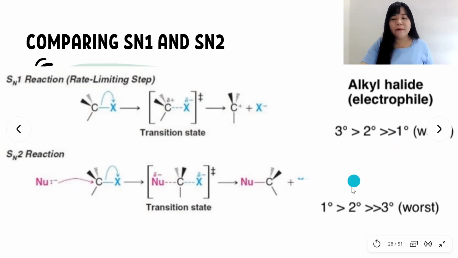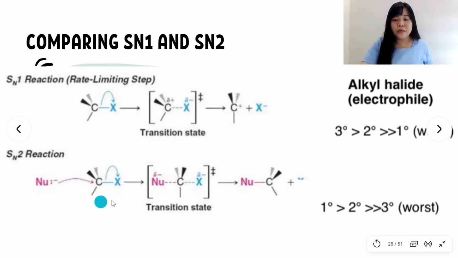On the other hand, for SN2 reactions, primary alkyl halides have the least steric hindrance compared to secondary and tertiary alkyl halides. So here, since the first step involves the attack of the nucleophile to the alpha carbon, it is more preferable for the alpha carbon to be less hindered around it.